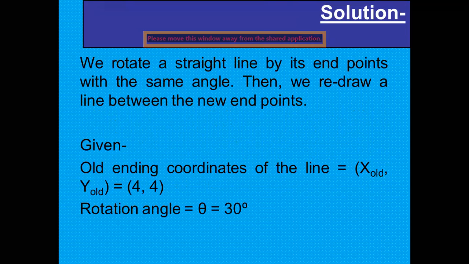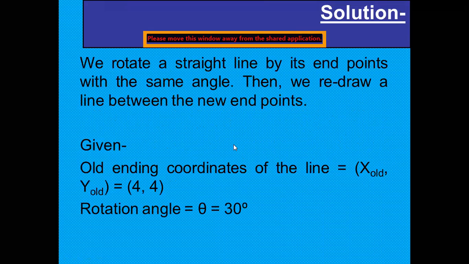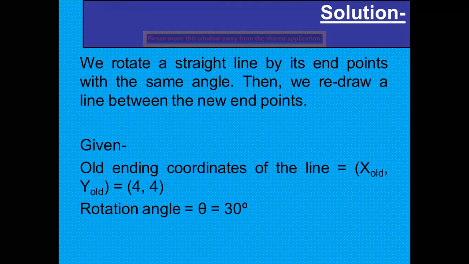Now you can see here x old and y old. The points are given as 4, 4, so x old and y old is 4, 4. The rotation angle is given: apply 30 degrees, so theta is equal to 30 degrees, already mentioned in the problem.